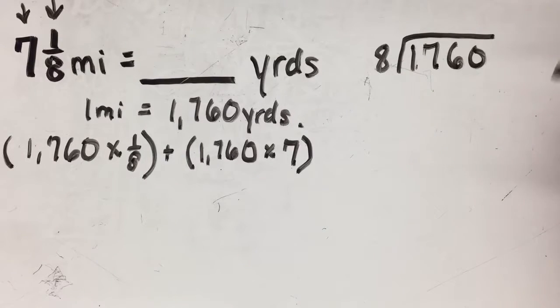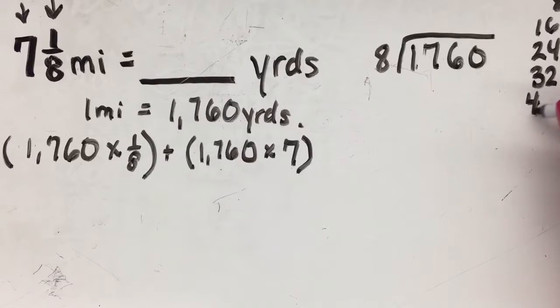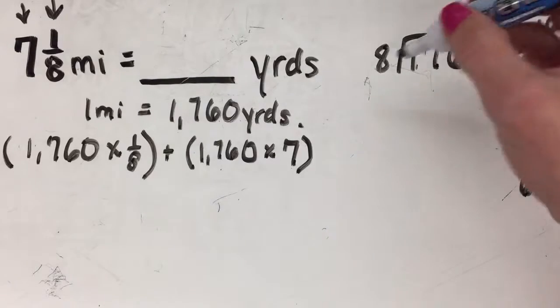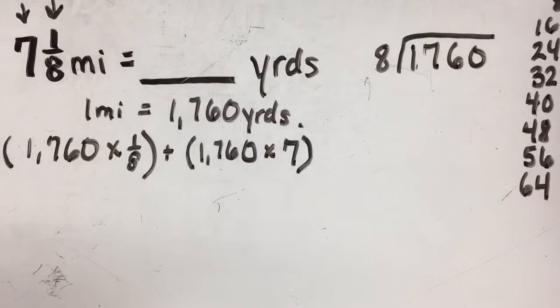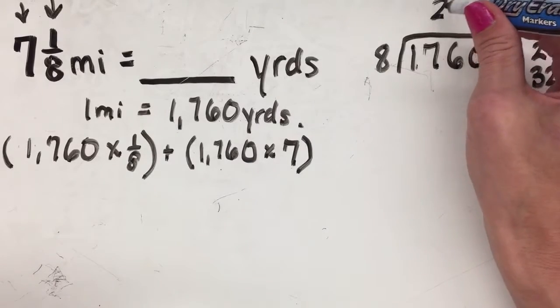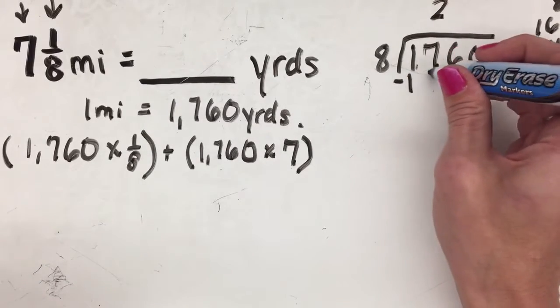Well, if I know my multiples for 8, I have 8, 16, 24, 32, 40, 48, 56, 64, and I'm going to go ahead and stop there because I know I'm not going to go any higher than that based on my digits. But I want to think again, how many times can 8 go into 17? And as I'm going down, I see that it can only go in 2 times. So 2 times 8 is 16.